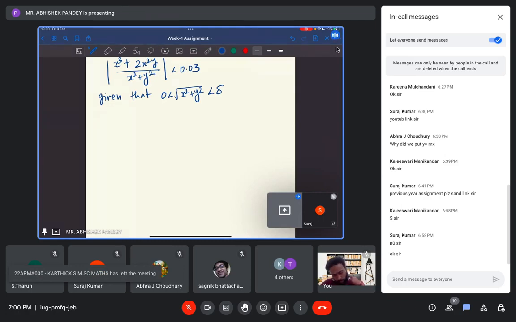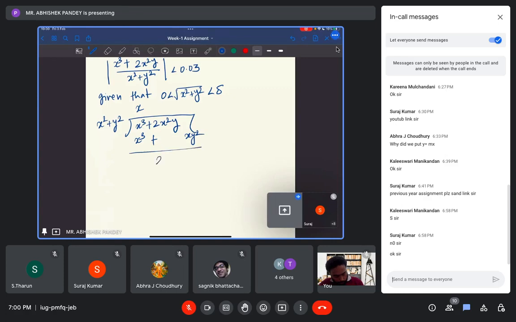Once you see from this one, if you take x square common, or you can divide it by... so for this, let x... this will be x cube plus x y square.